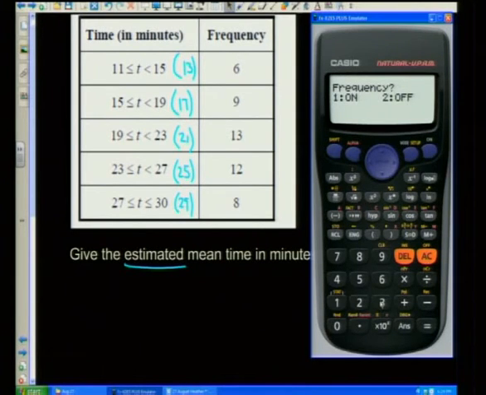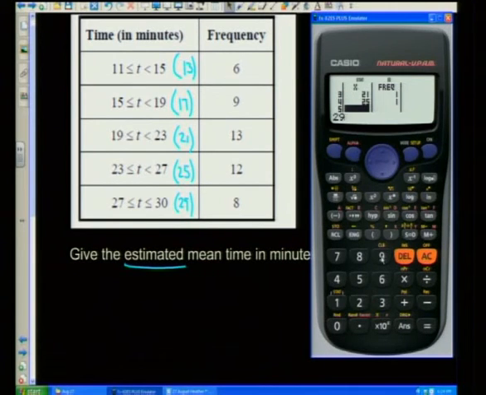We want frequency on, okay? So now when I go into my stat and I choose number 1, which is var, I've got frequency. Okay, and that's going to allow me to put in the number 13, the number 17, then the number 21, and then 25, and then 29.